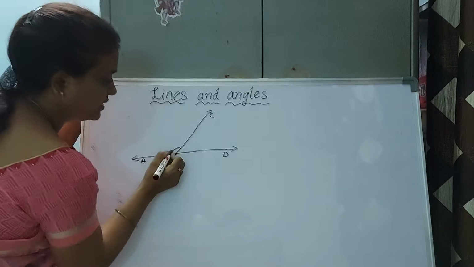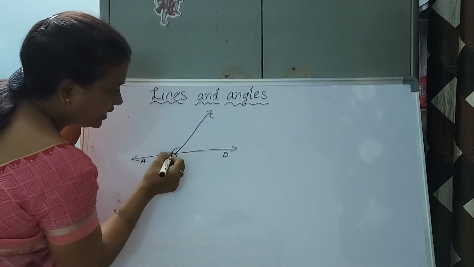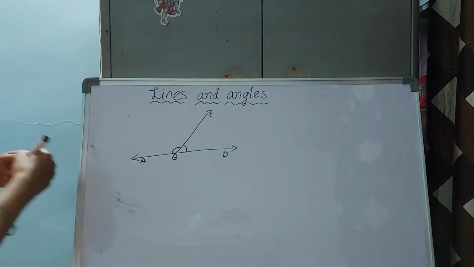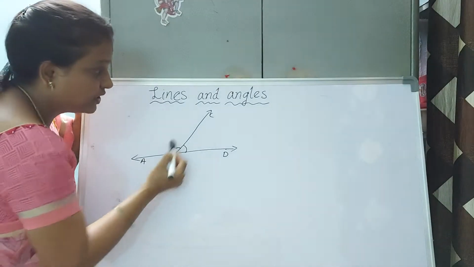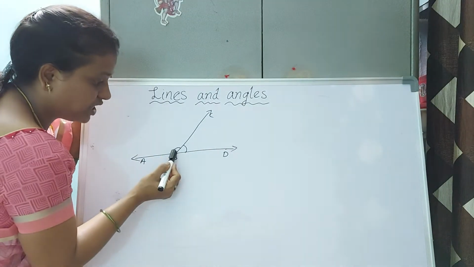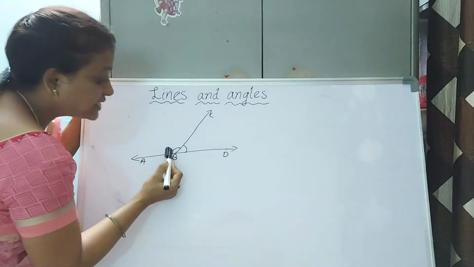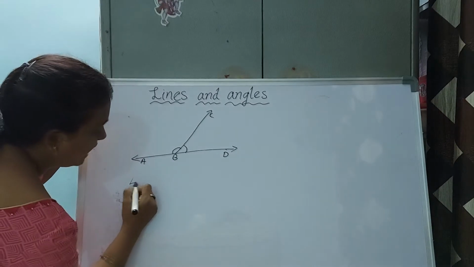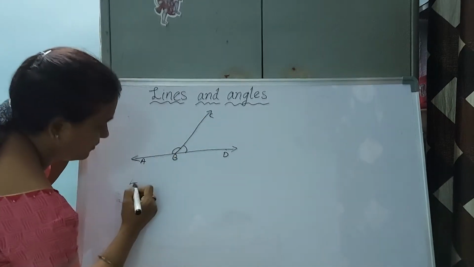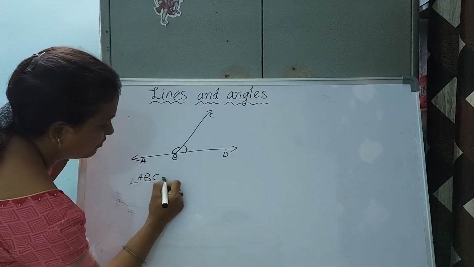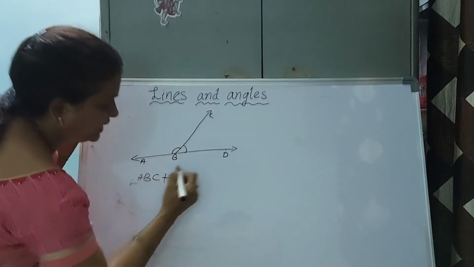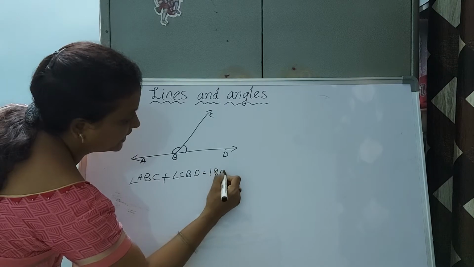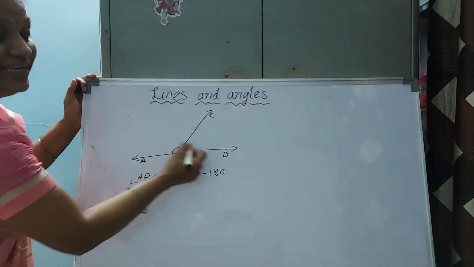They are adjacent because they have a common arm and a common vertex. If the sum of these two angles, for example angle ABC plus angle CBD, is equal to 180 degrees, then we call it a linear pair.